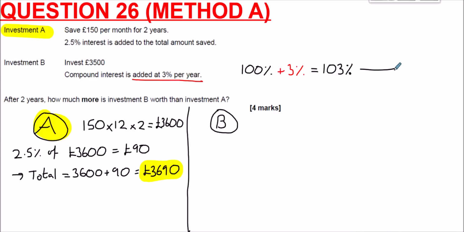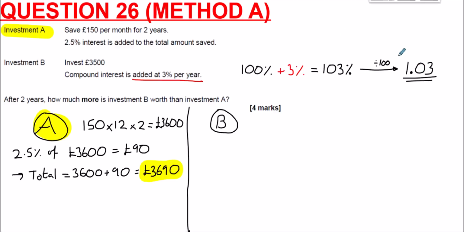Now, we can change from a percentage to a decimal by dividing it by 100, and the decimal equivalent is 1.03.